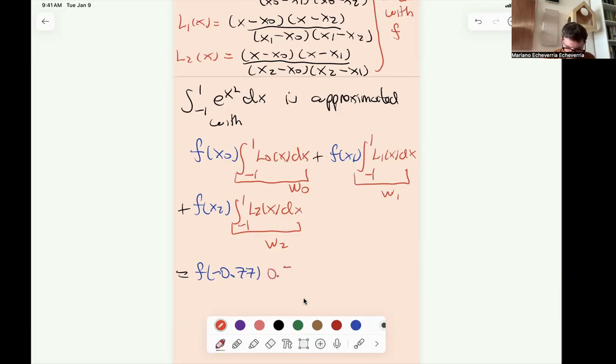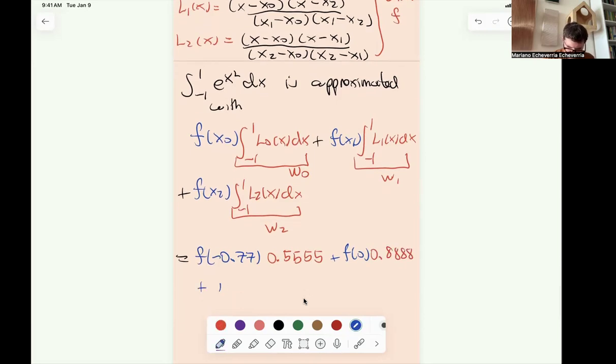It's 0.5555, plus f of 0 times 0.8888, plus f of 0.77 times the weight, which is the same. The weights are symmetrical because of how the zeros are distributed. So the weights also come in pairs, which is nice.